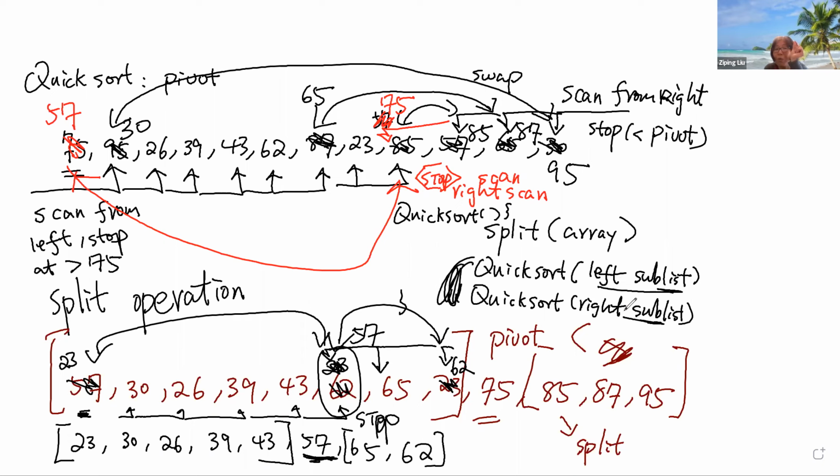There's no more division, and then you can stop. That's why we apply the recursive concept here to do the quick sorting. So it's divide and conquer. This is a general idea about quick sort.